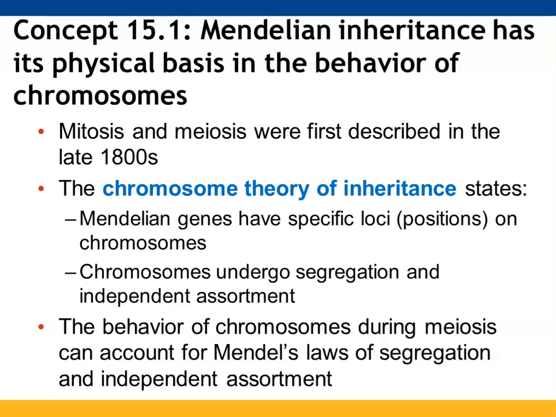Mitosis and meiosis were first described back in the late 1800s, and the idea behind chromosomal inheritance, the chromosome theory of inheritance, tells us that Mendelian genes have specific positions on our chromosomes, specific placements, and that these chromosomes are able to undergo both segregation and independent assortment, which would account for how the chromosomes move during meiosis and would provide support for Mendel's laws of segregation and independent assortment.